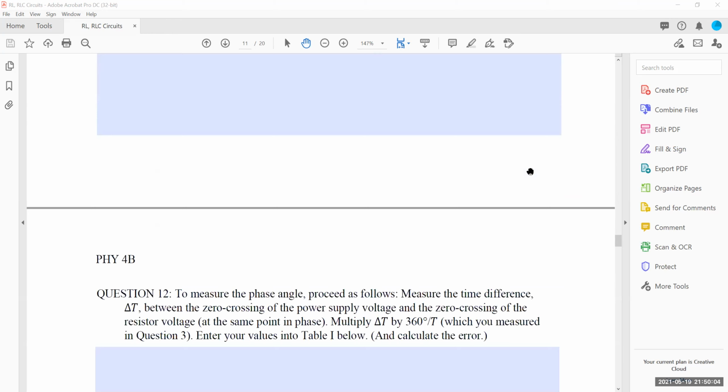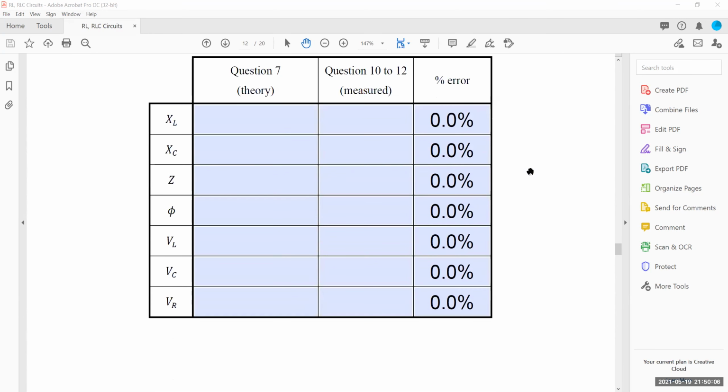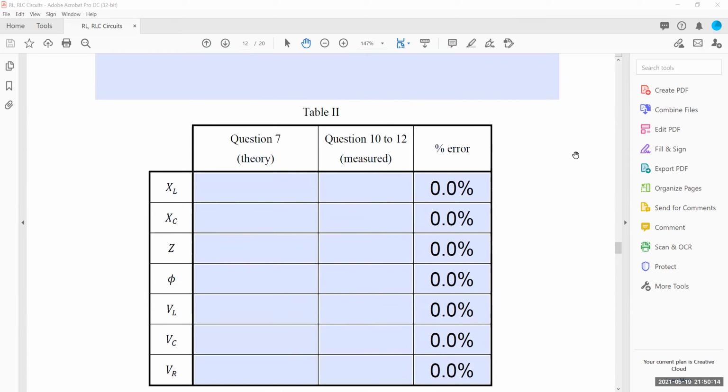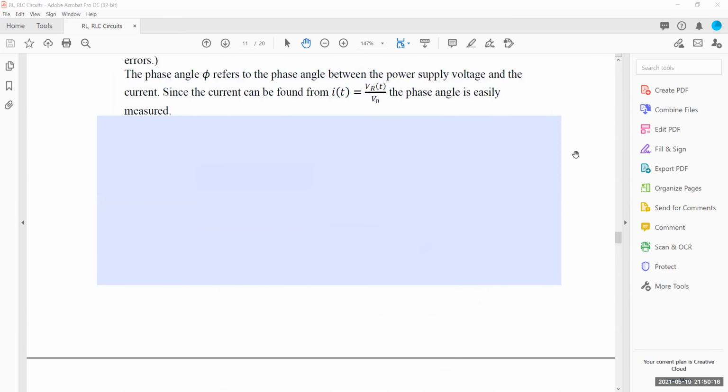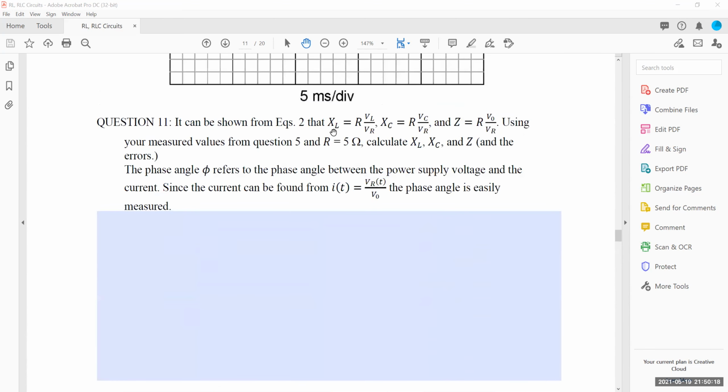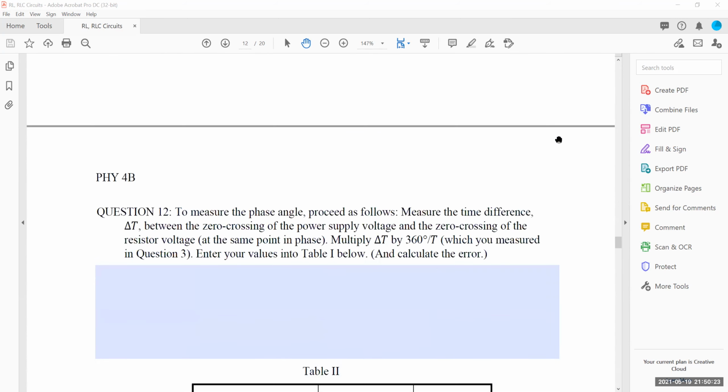Now, we need to calculate these things based on your measured values, using those formulas. So now, I have VL, I have VR, and I have VC. I have all three of them. So I should be able to find how much XL needs to be. It's R times VL over VR, okay?